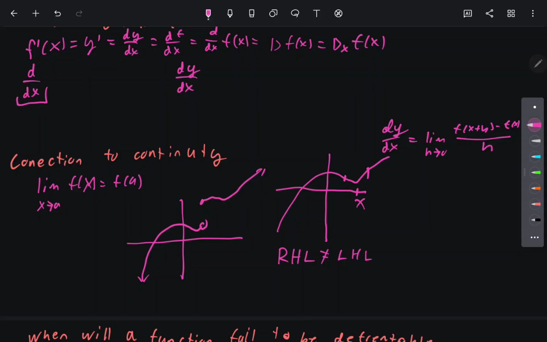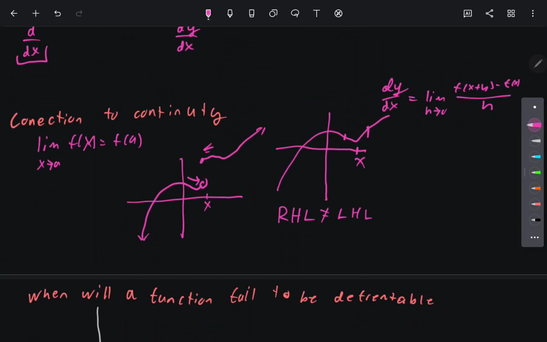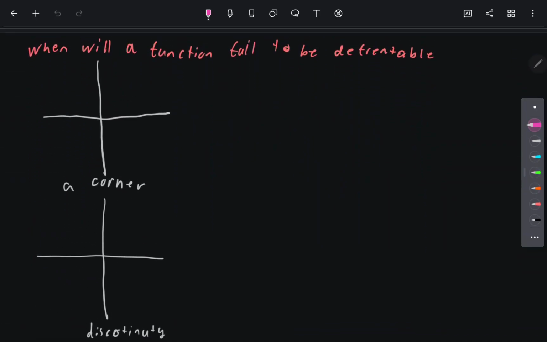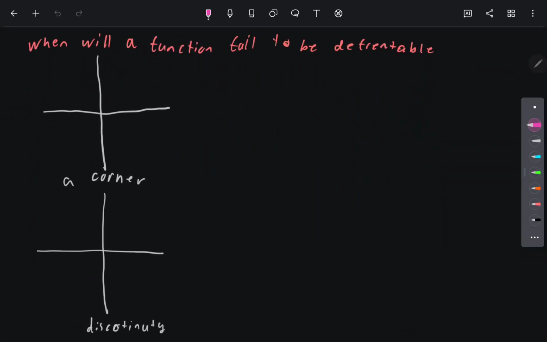So the derivative cannot exist at this point, because as x plus h approaches this value, it's going to be approaching two different numbers entirely. And thus, the limit cannot exist. I'm going to go over that in a moment, but I wanted to quickly go over when a function can fail to have a derivative.